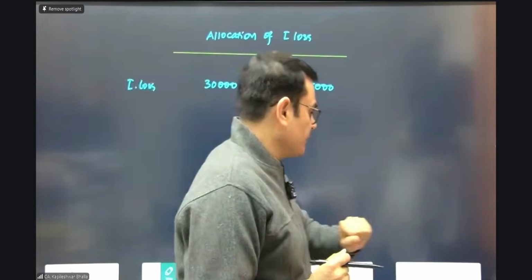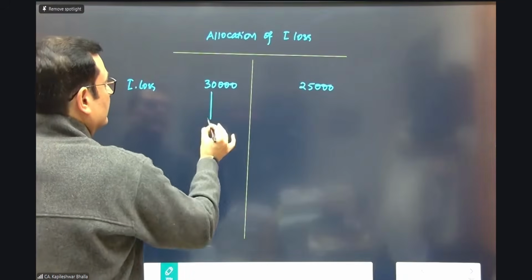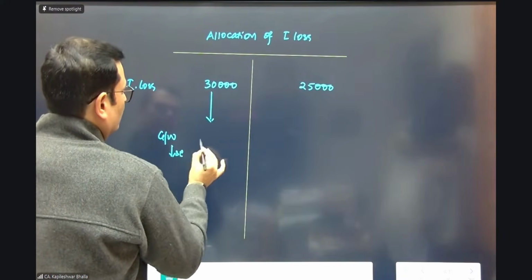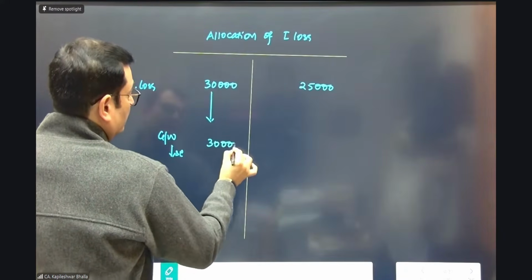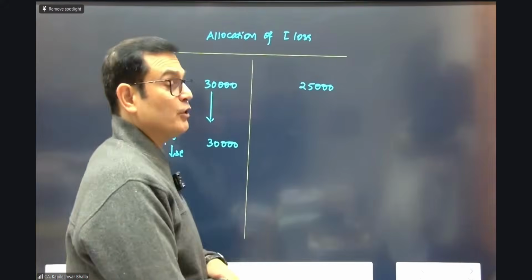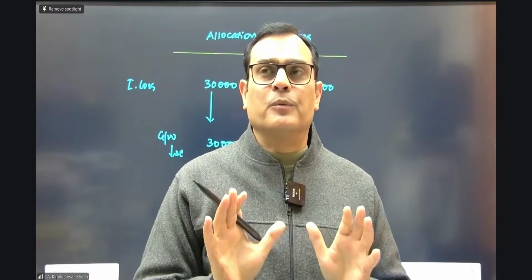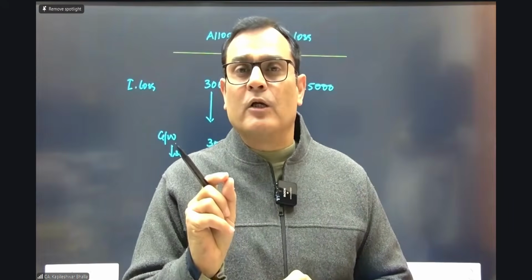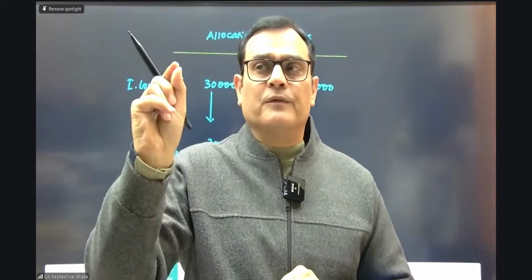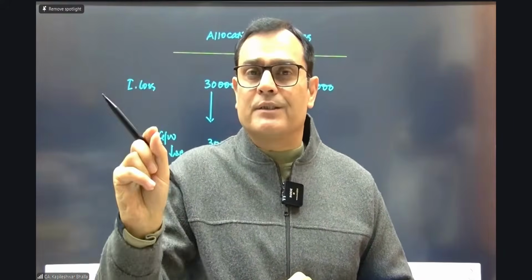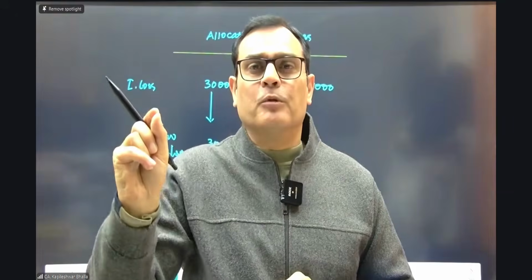So in the first case, we can allocate this completely towards goodwill. So we will decrease the goodwill to the extent of 30 because the goodwill is to the extent of 40, and therefore the impairment loss, being less than goodwill, is entirely allocated towards goodwill. Had the impairment loss exceeded the goodwill, you would have decreased the goodwill by 40 and you would have decreased the other assets in the CGU in the ratio of book value.